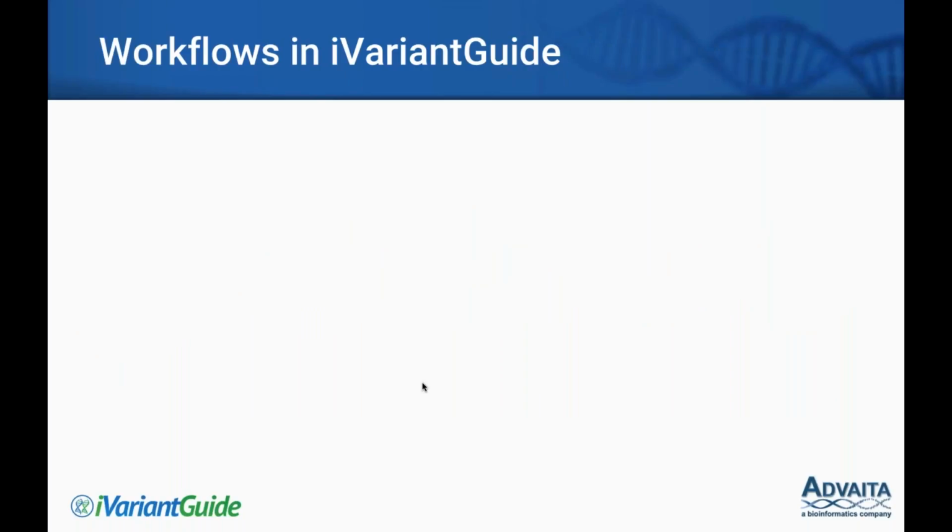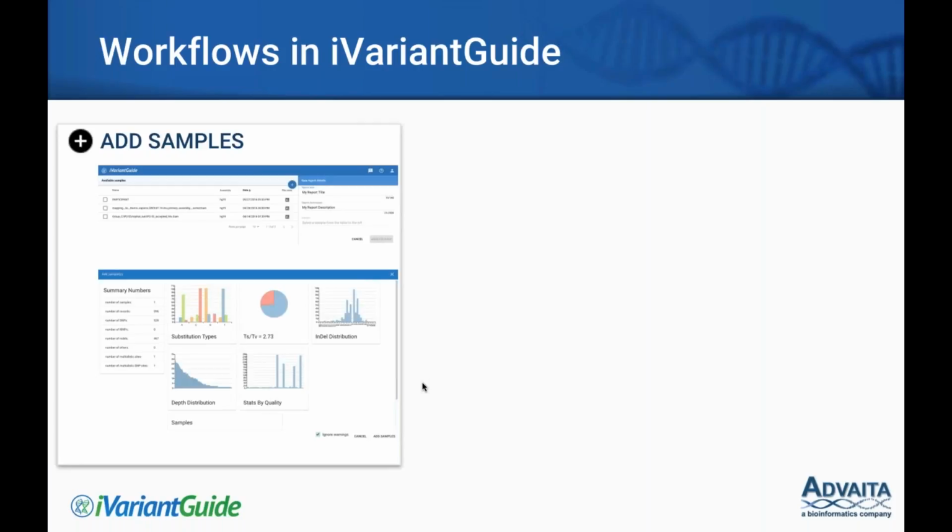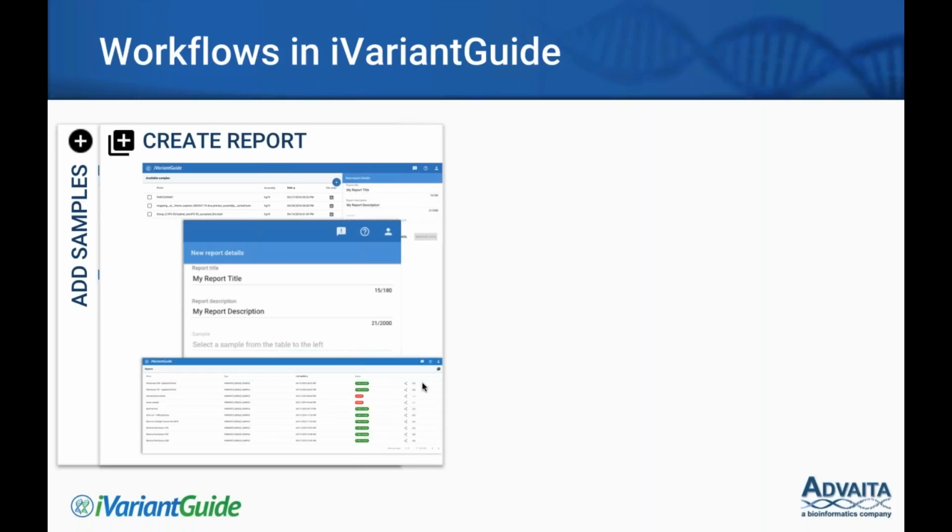Briefly, I'd like to just take you through what a workflow looks like in iVariantGuide so that you can be oriented to each of the modules. The first step is to add your samples or your VCF containing consensus variants by uploading your VCF to our web portal. And from there, you create a report. And this report is going to be the annotation of those variants that you just uploaded.